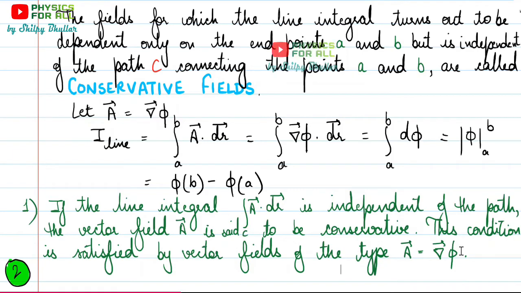We know scalar functions and vector functions both have their own fields. The field of a scalar function is called a scalar field, and the field of a vector function is called a vector field. So when we have a vector function A present, of course we would have a vector field, and we would try to find the line integral. And in that particular case, the answer of the integral would depend on the path.